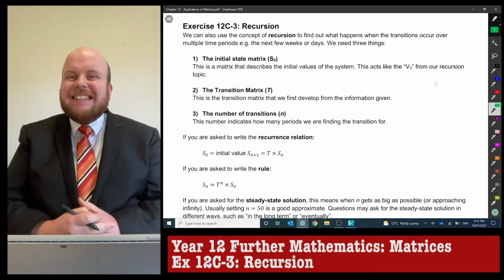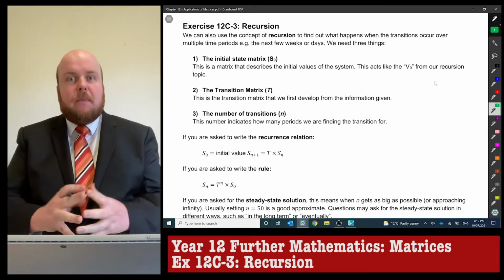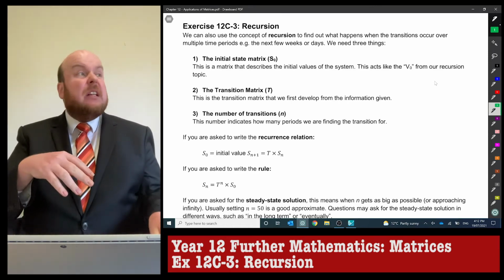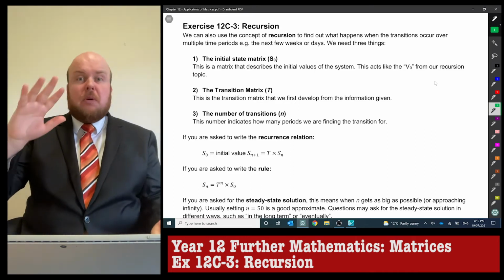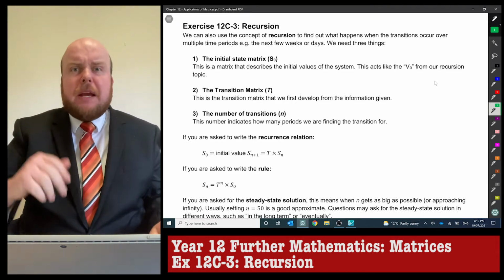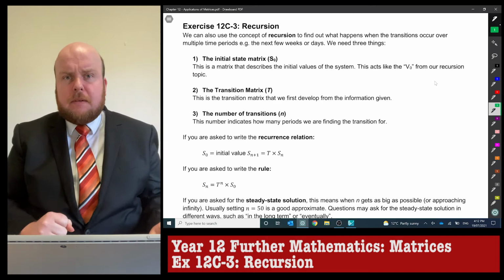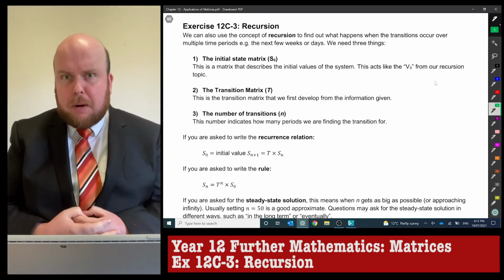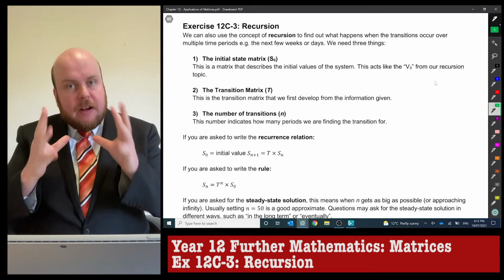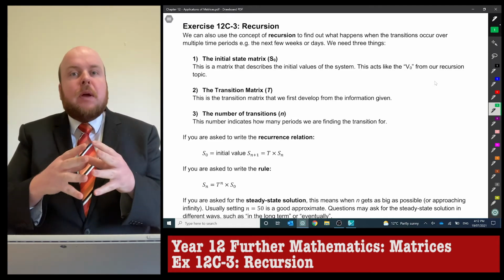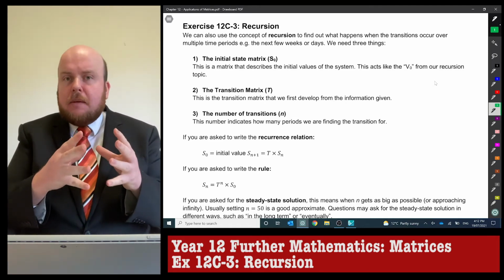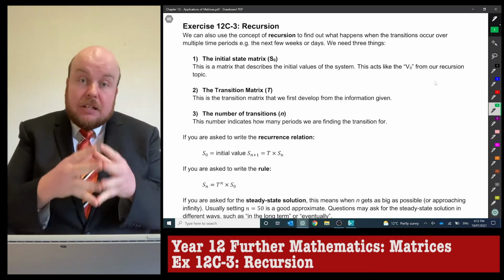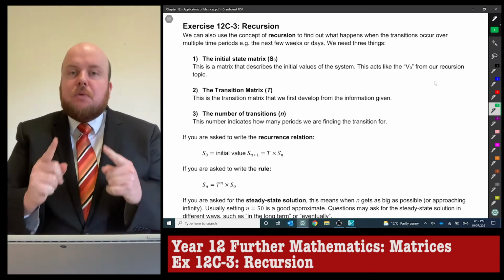If you see the phrase steady state solution, that's a very complicated way of just saying, what's going to happen forever? Like, what if I was to do 50 weeks time or 50 years time, what's it going to be? And if you want the real proper definition, it's the final value where no matter how many times you multiply by the transition matrix, the final result doesn't change.